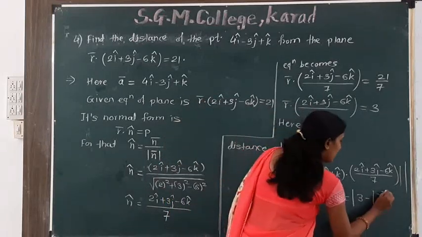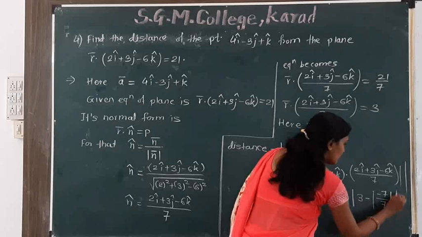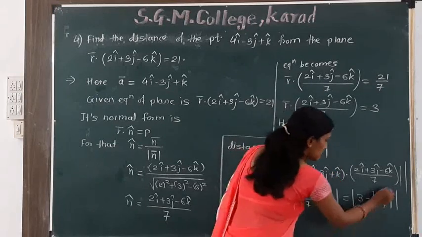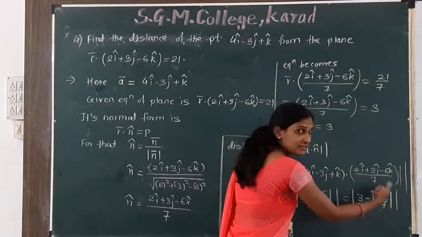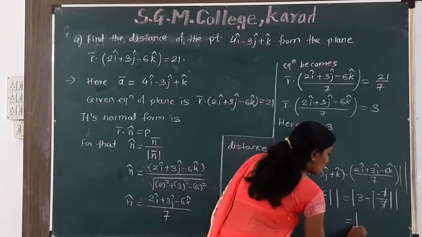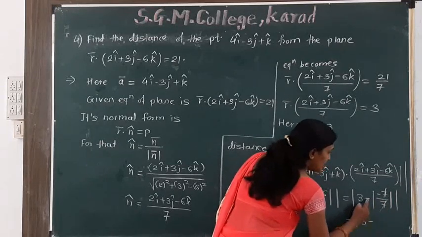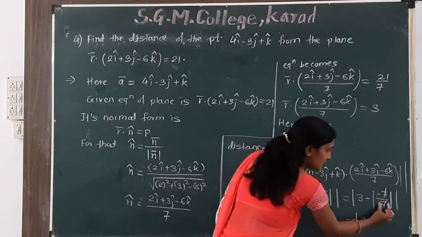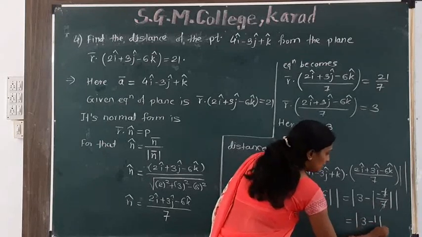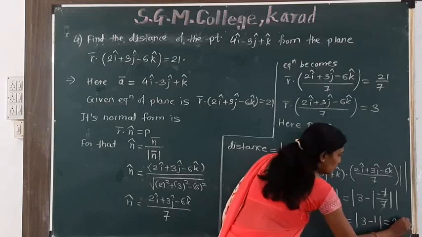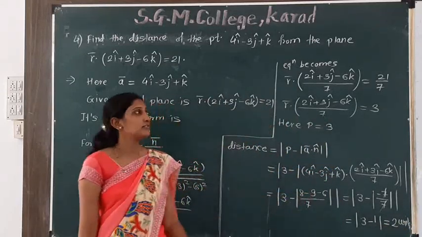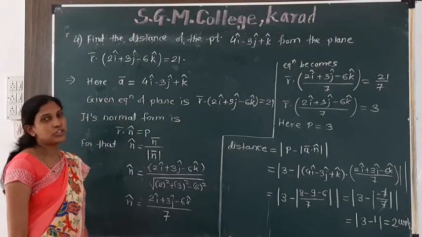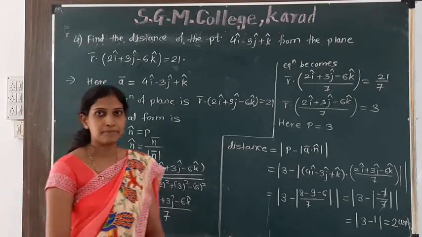So here minus 7 by 7, the 7 gets cancelled, we get minus 1, and because of modulus minus 1 becomes plus 1. So mod of 3 minus, this minus is as it is, and this becomes plus 1, which is 1, which is equal to 2 units. So this is the distance of a point from the plane.